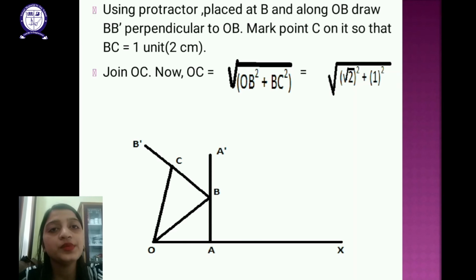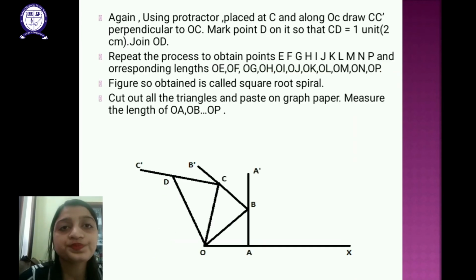Now coming to the next figure. Again using a protractor placed at C along OC, draw CC dash perpendicular to OC. We are repeating the same process again and again. Take a point D on it, 1 unit, so CD is 1 unit, 2 centimeter, and join OD.